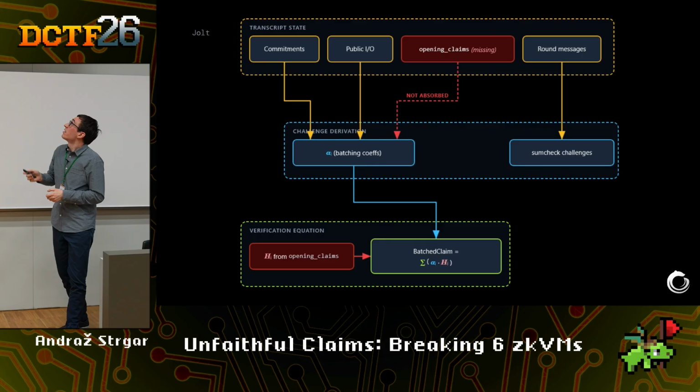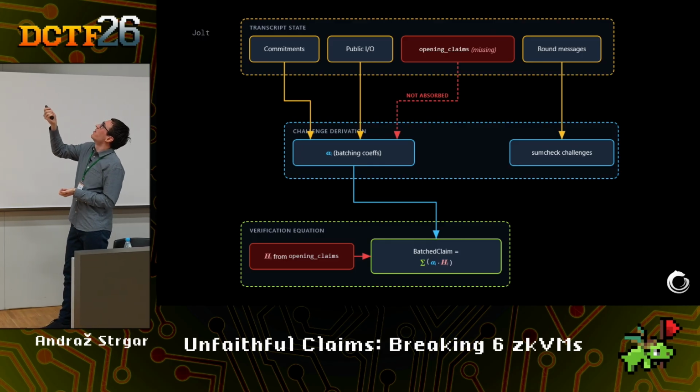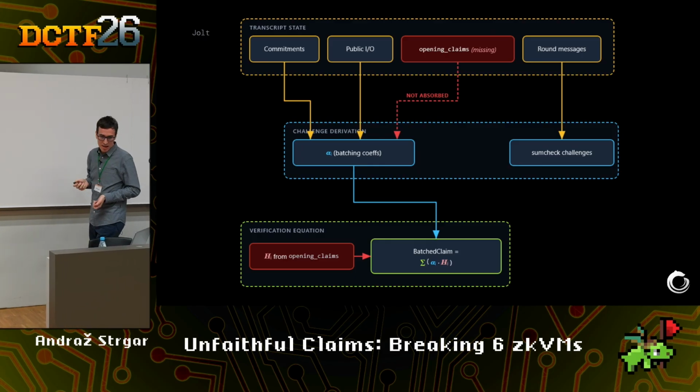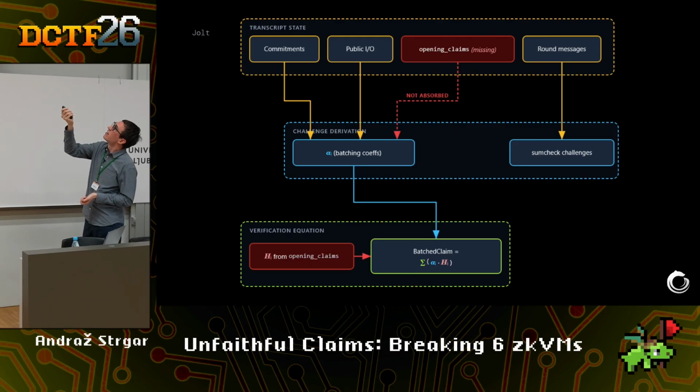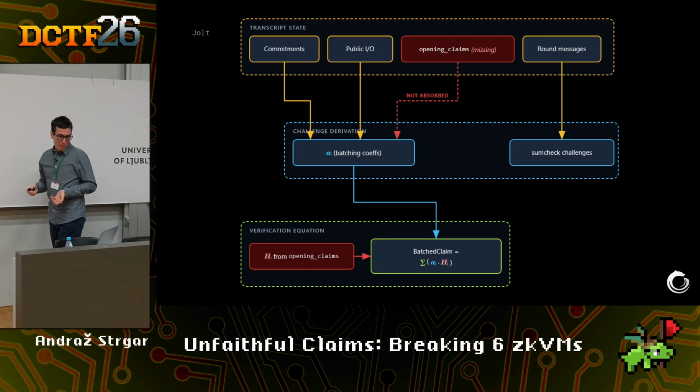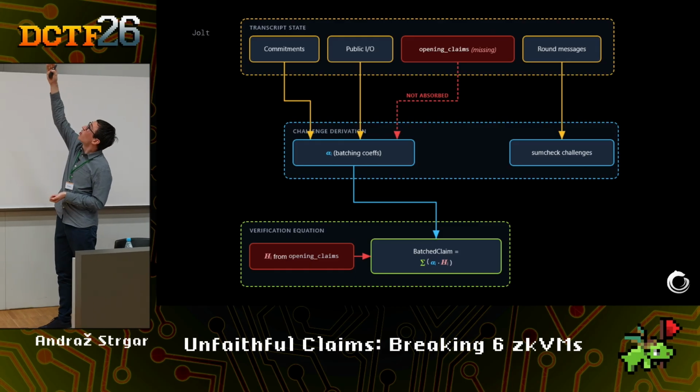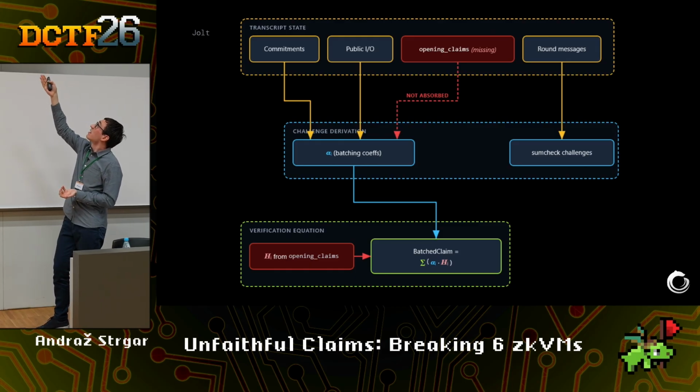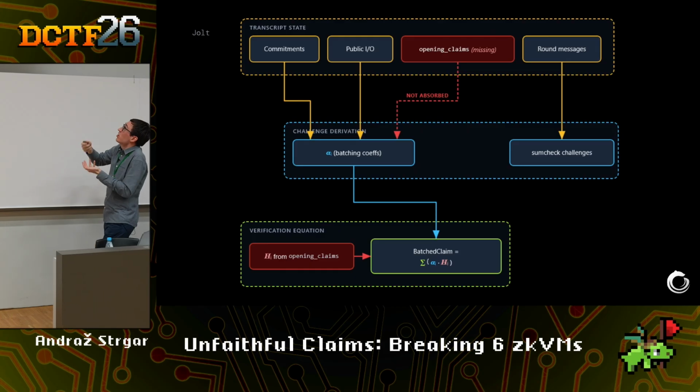So yeah, essentially this is a diagram of part of how Jolt works. And here we can see opening claims. And the dotted line tells us there should be a line there, but it's not.